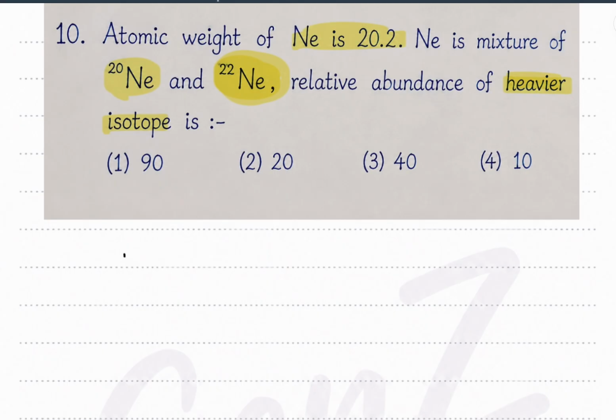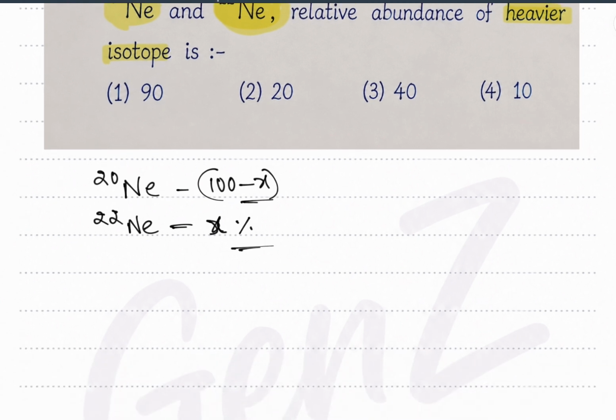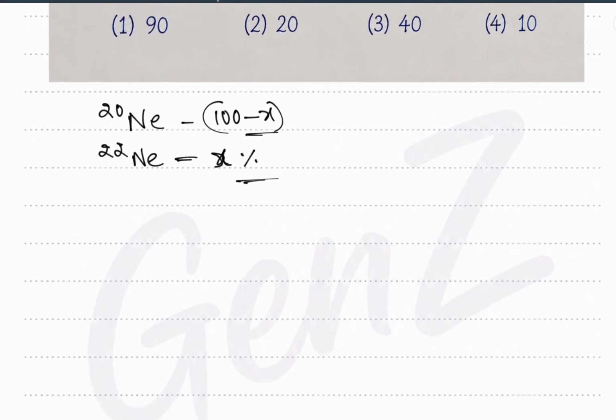There are two isotopes, neon 20 and neon 22. Assume the percentage abundance of neon 22 is x percent. Then neon 20 percentage abundance is 100 minus x. I am taking it this way for easy calculation.